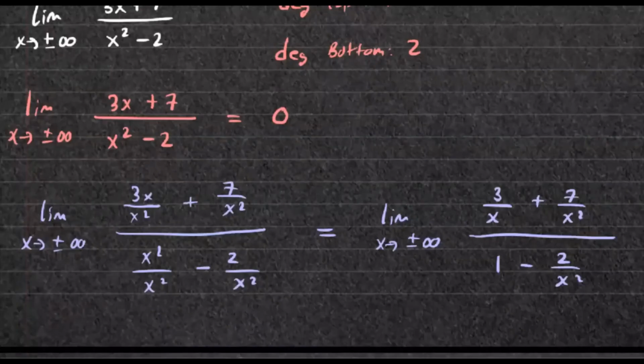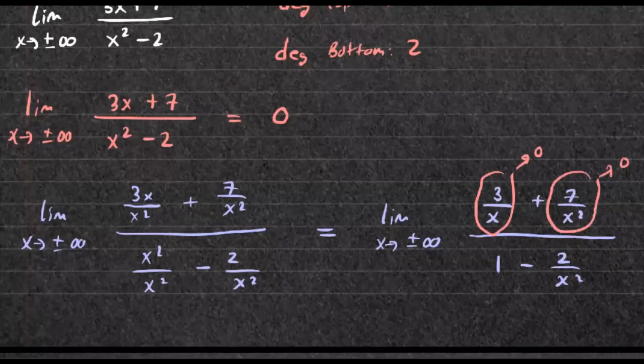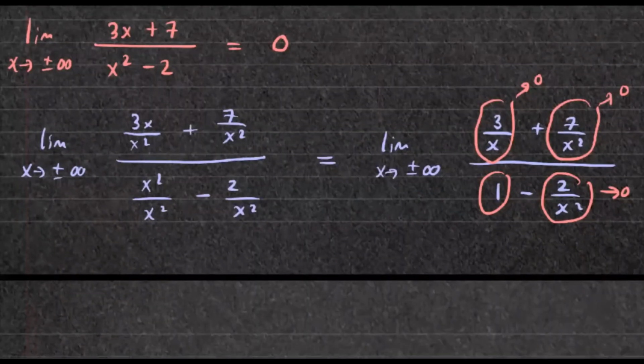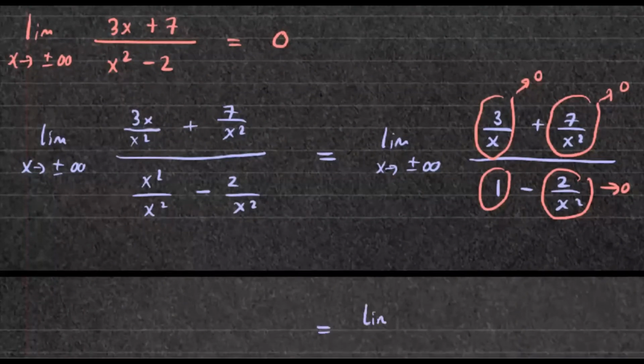Now, as you take the limit, this goes to 0. This goes to 0. This is 1, so that limit is 1. And this limit is going to go to 0. So what we have is simply the limit as x approaches plus or minus infinity of, well, those limits are 0.